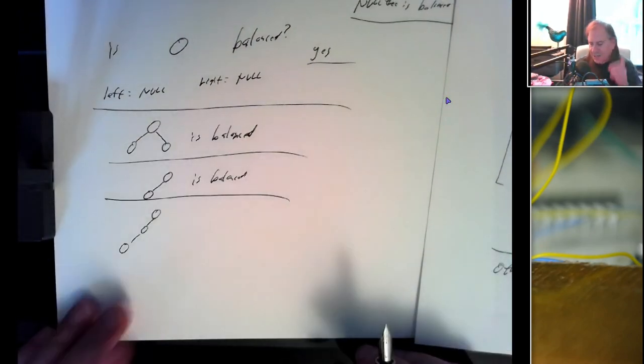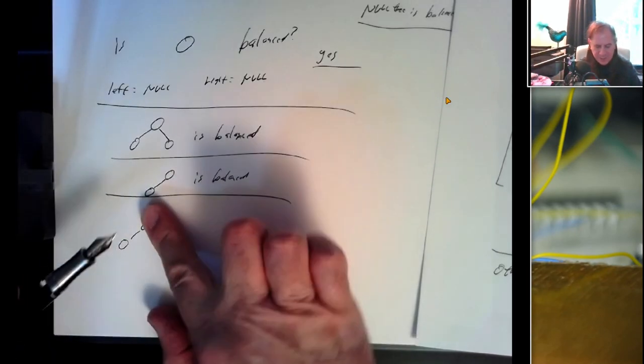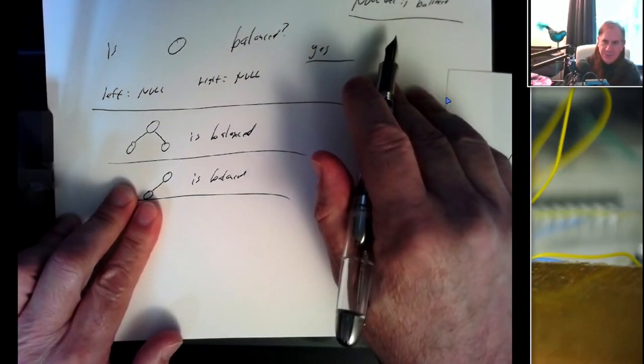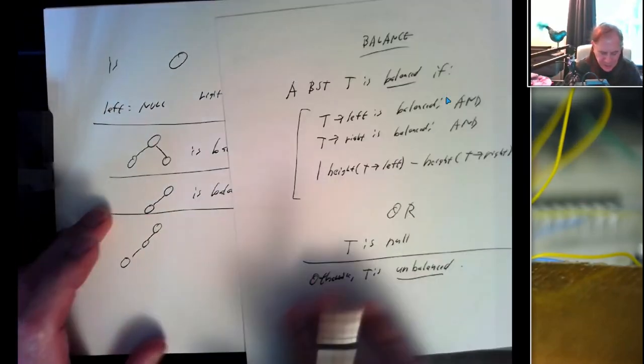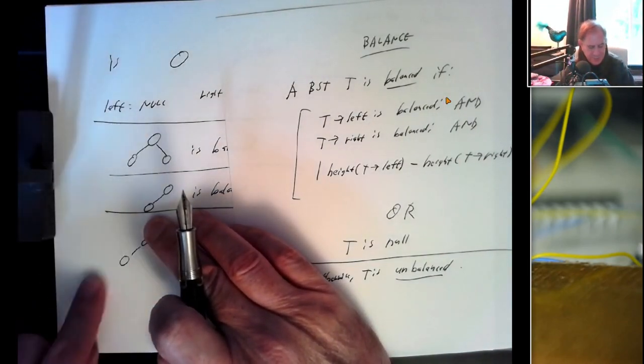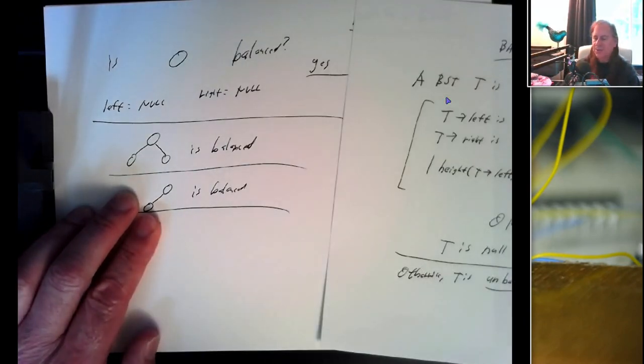This tree, on the other hand, is not going to be balanced. So the left subtree looks like this, and we just saw that's balanced. The right subtree is null, and we know a null tree is balanced. But the height of the left subtree, well, this tree has a height of 1. The right subtree is null, that has a height of -1.